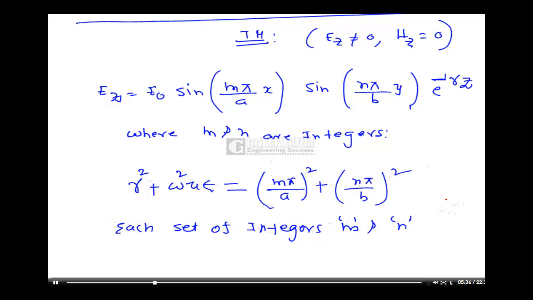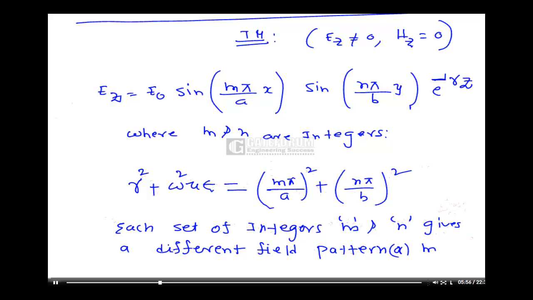So each set of integers m and n gives a different field pattern or different mode, referred to as the TM mn mode in the waveguide.